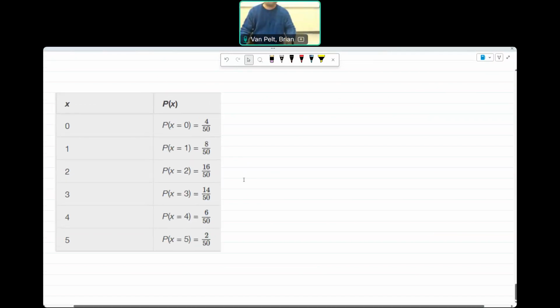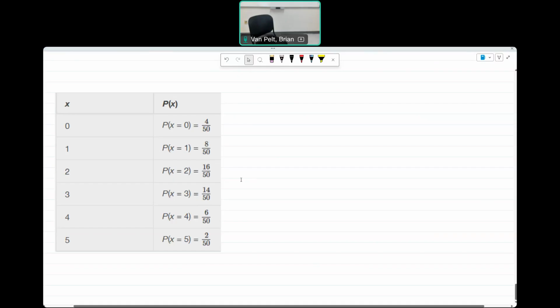A probability distribution function or table is one where they list all the possible outcomes and the associated probabilities. So whatever's going on in this example, these are all the possibilities that X can be. So with that being said, this side has to add up to a total of 100% or one, whatever way you want to look at it.